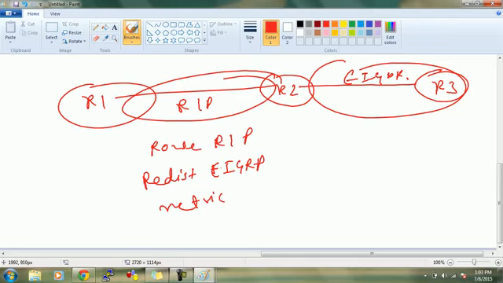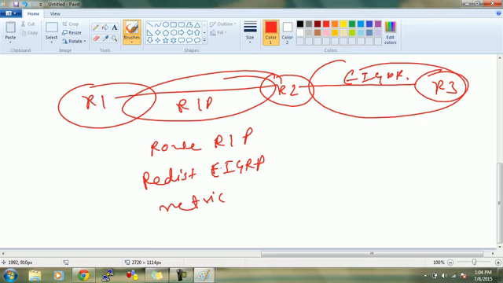Why? Try to understand a simple thing. On R2 EIGRP routes will have a metric. That metric will be calculated from which values? K1 and so on. But in case of RIP, the metric is hop count. So you have to tell R2 that whenever you inject EIGRP routes into RIP, what will their metric be?